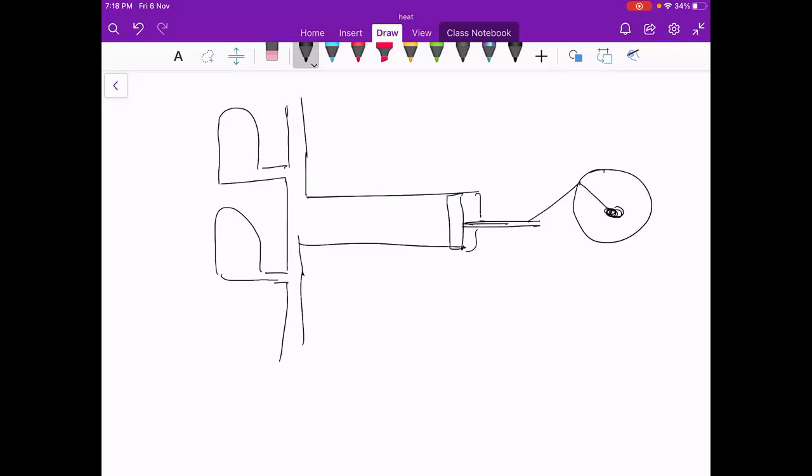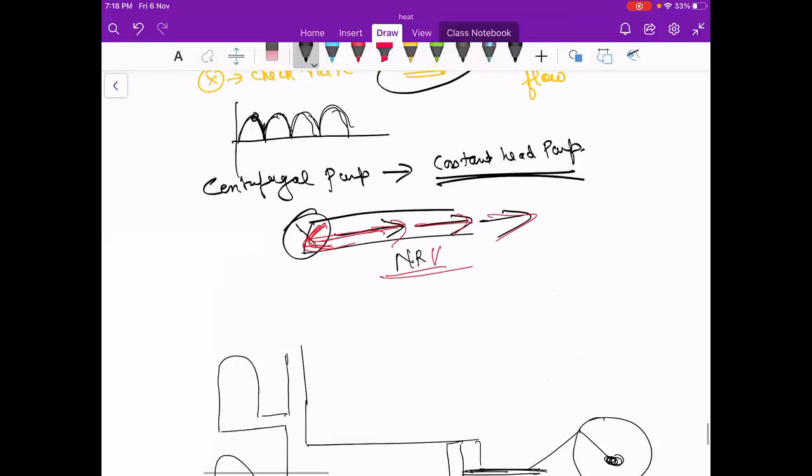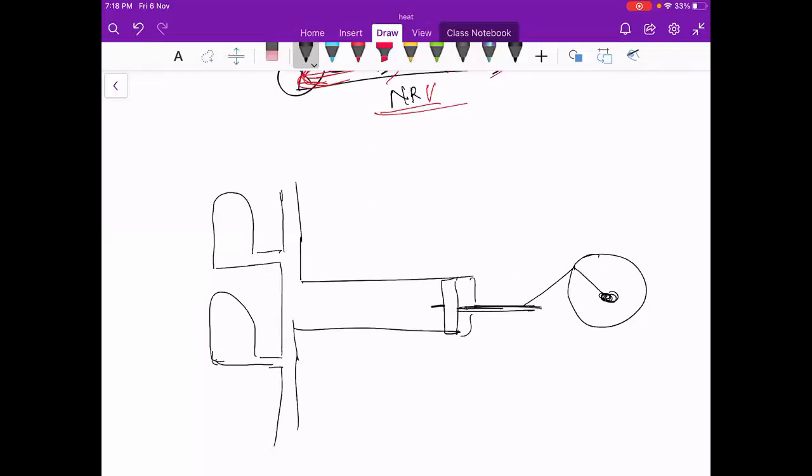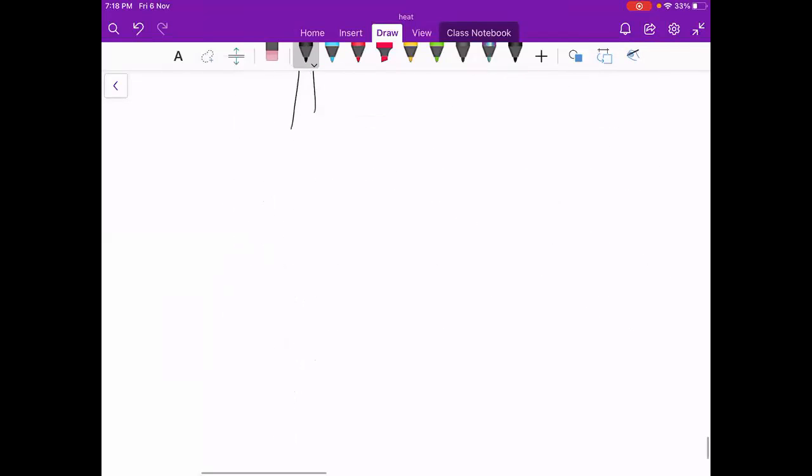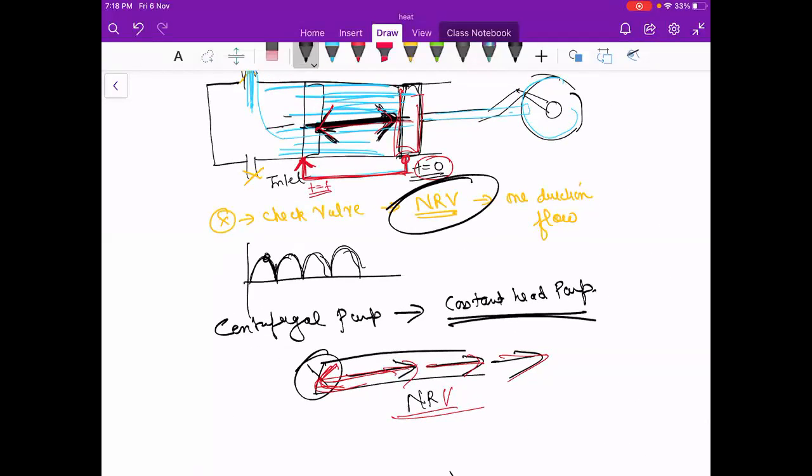This is the piston. Basically it is always giving a constant volume, so that is why these are known as constant volume pumps, and centrifugal pumps are known as constant head pumps.